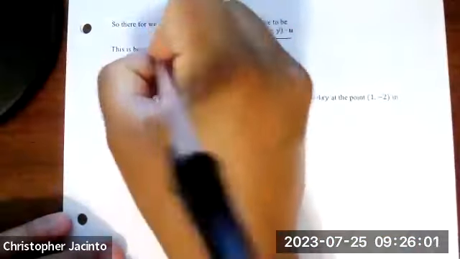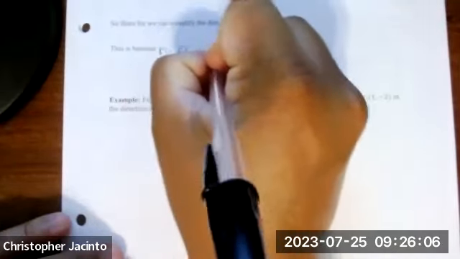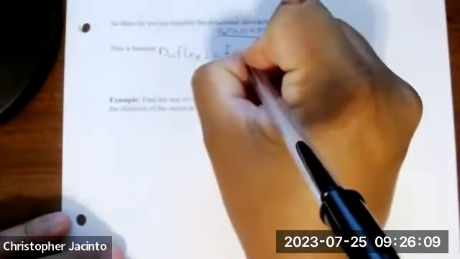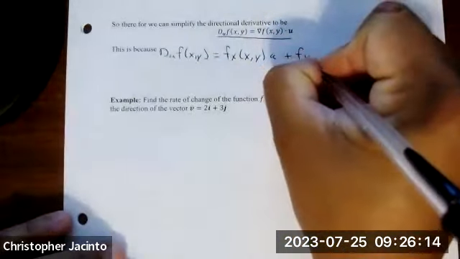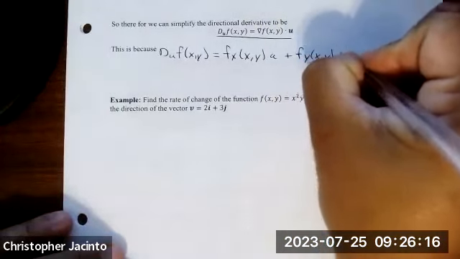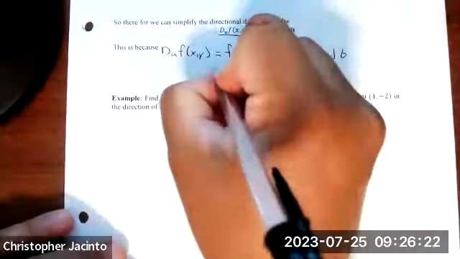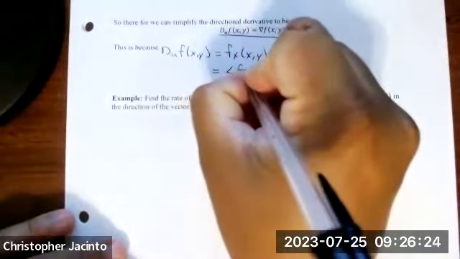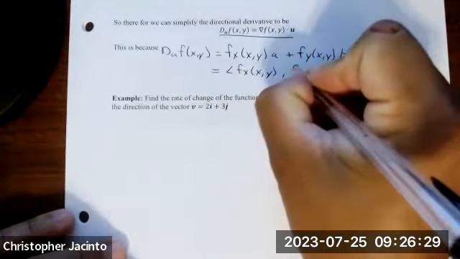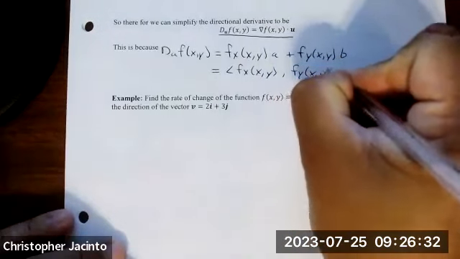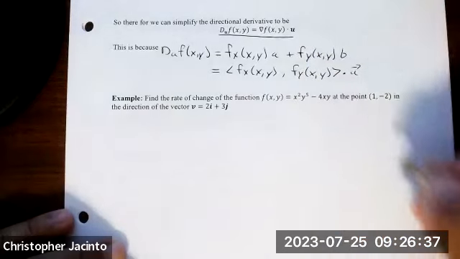Now, if you're wondering why that makes sense, well, let's find out. So this is our general definition. We just talked about it. Well, isn't this the same thing as the dot product?